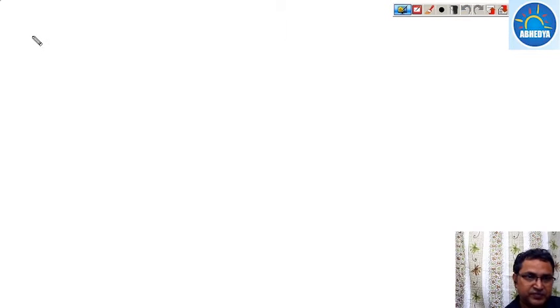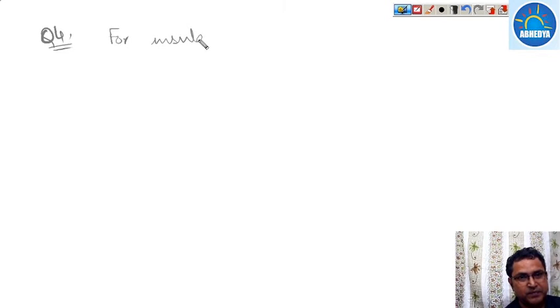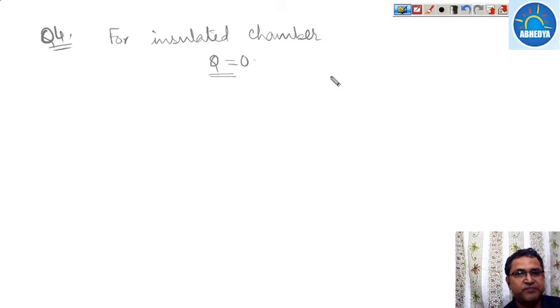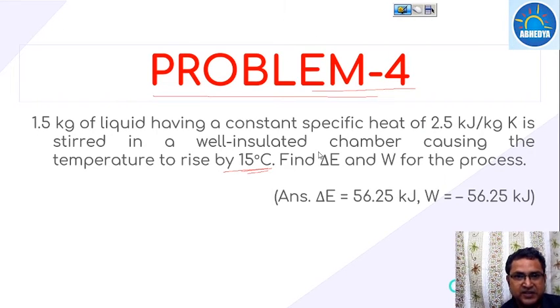Question number 4. For an insulated chamber, heat transfer Q is equal to 0, and it is given that 1.5 kg of liquid having a constant specific heat is stirred in a well insulated chamber.